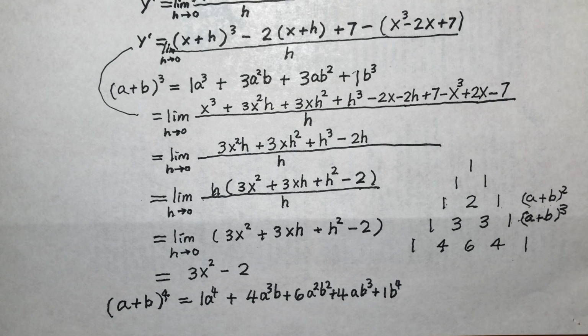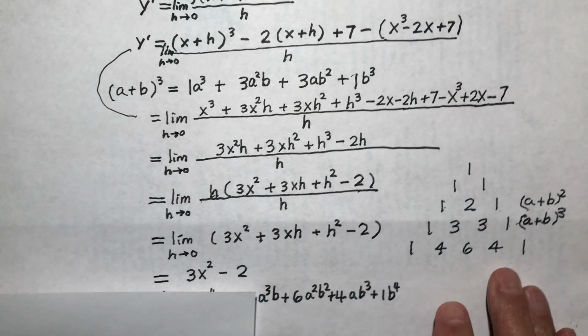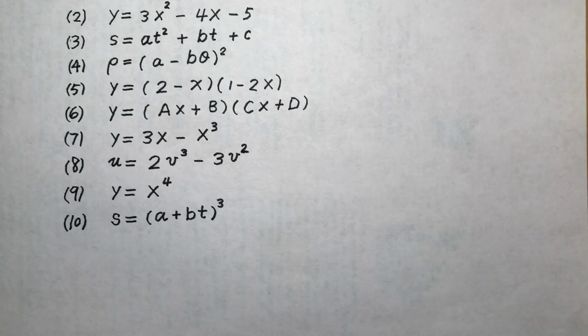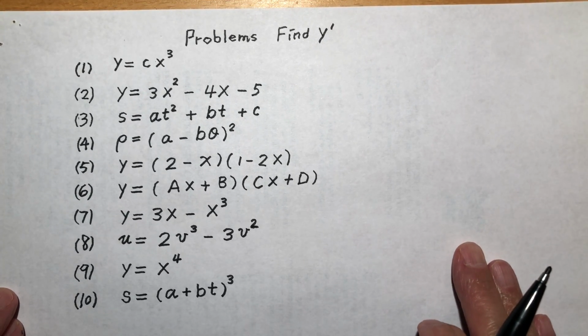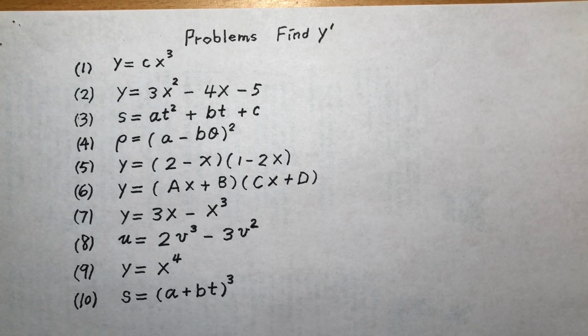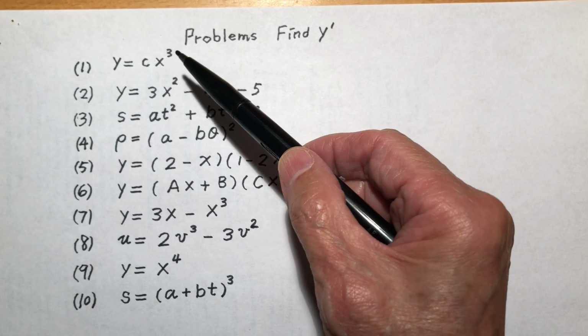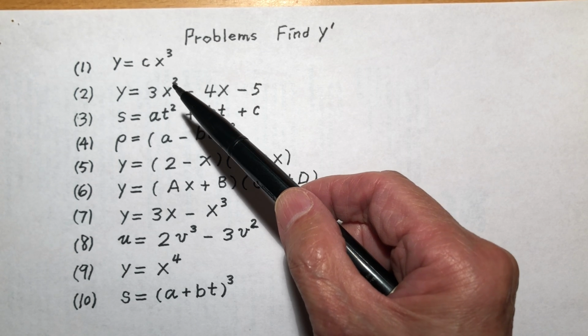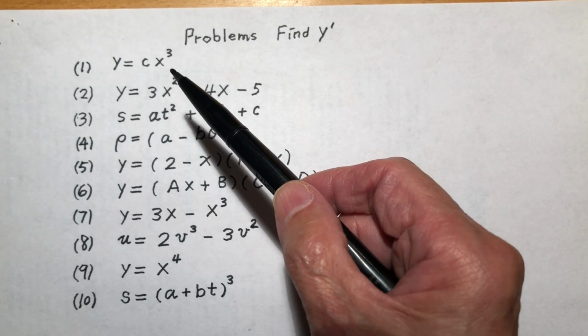So next, you are able to do some practice questions. Do you see this? I have 10 practice questions. See that you have a cube here, so you need to use the formula for cube. And a square is just a review, because in part 1 you have squares there.